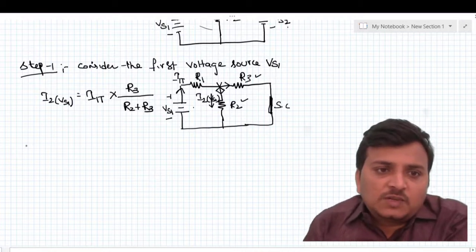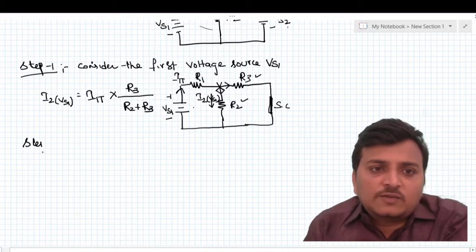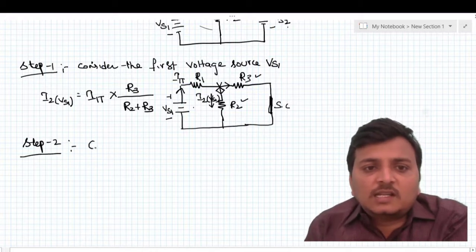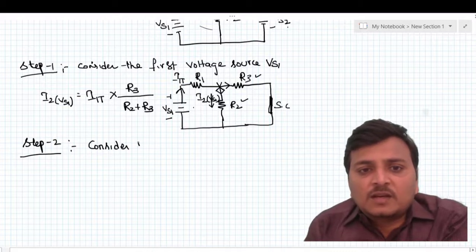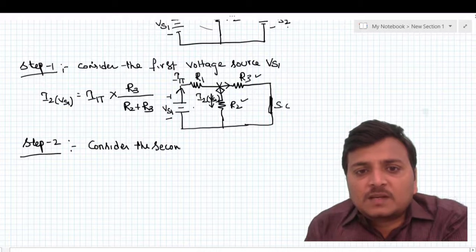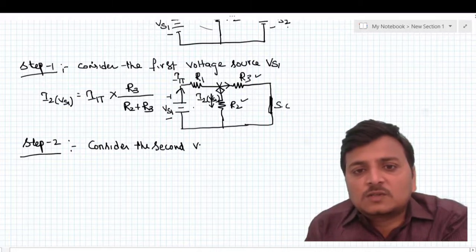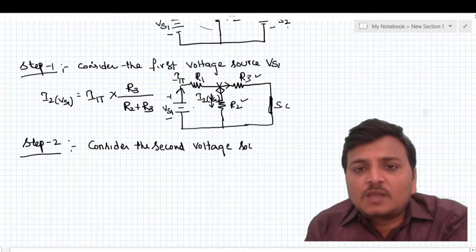So what is step 2? In step 2 of the superposition theorem, consider the other voltage source. Which one is the second voltage source? Consider the second voltage source VS2.